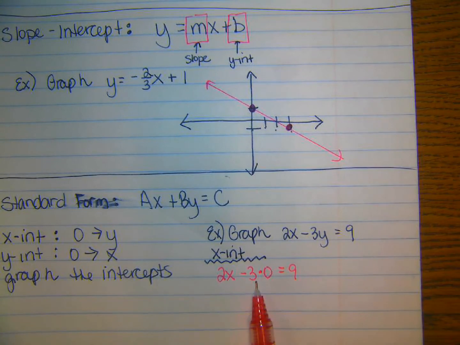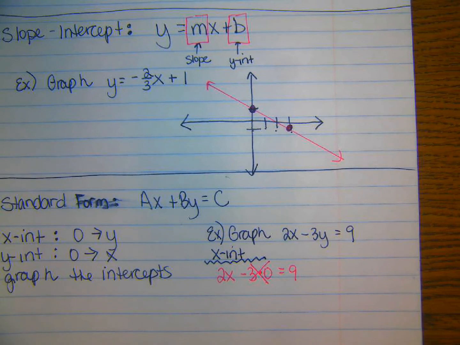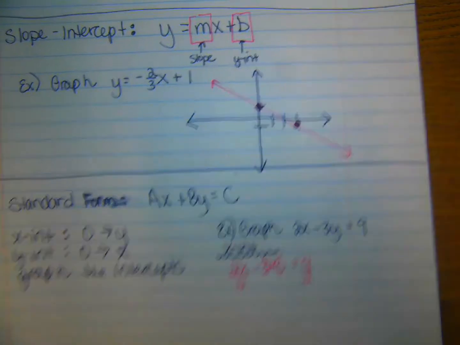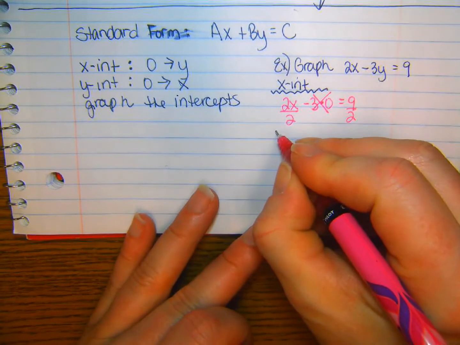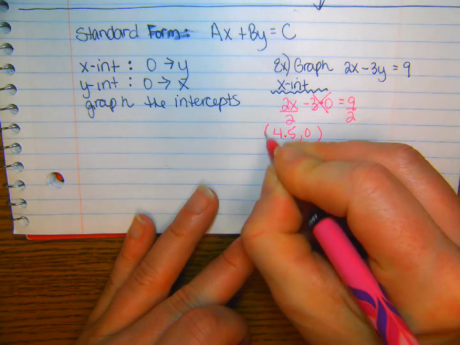What happens to this minus 3 times 0? It cancels. How would you solve that equation? Let's divide by 2. What do you got? Anyone? Good. So the x-intercept is 4.5, which is the same as 4.50.